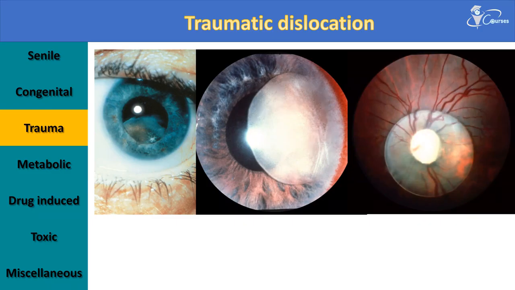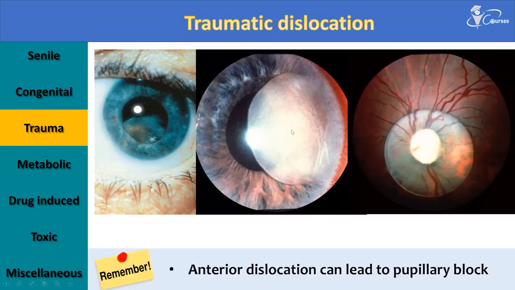Those patients will complain of diminution of vision, impairment of accommodation, and diplopia. There will be high astigmatism. When you examine the lens and the iris, you will find iridodonesis. The anterior dislocation can lead to pupillary block, as we just mentioned.